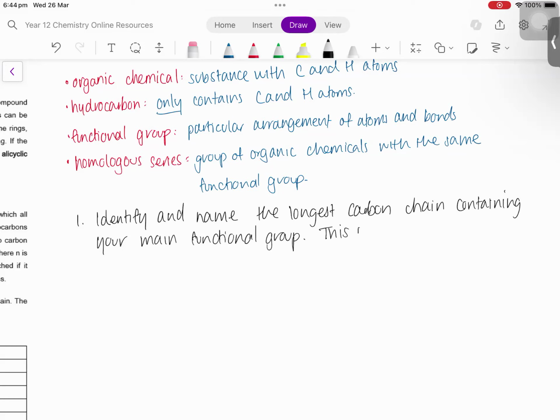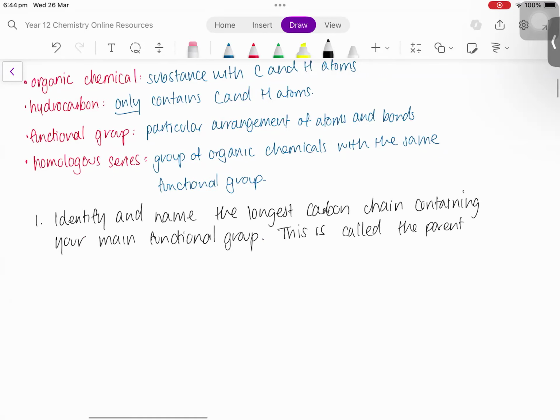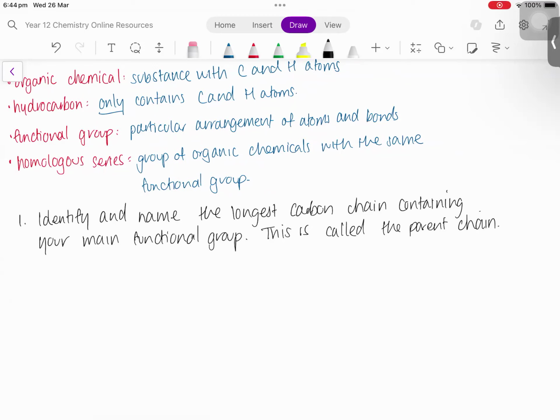This is called the parent chain. So look for your main functional group. You want the longest number of carbons that connect together with that functional group on it. This carbon chain that has the most number of carbons just gets a special name. It's called your parent chain.